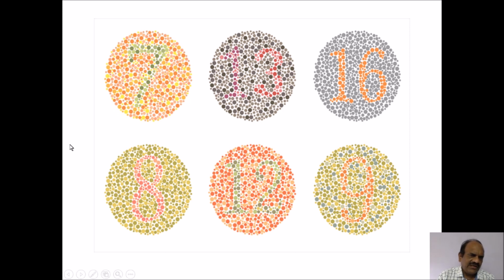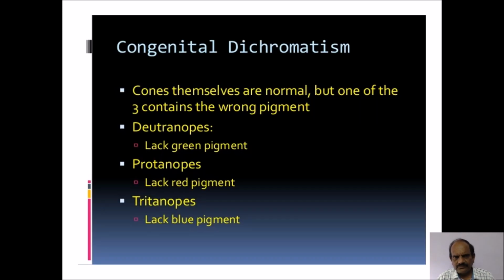For example, in the first plate you can see the figure 7, next 13, next 16, then 18, the middle one 12, and the last is 9. If you are able to read all these plates and numbers, then it indicates that you have normal color vision.